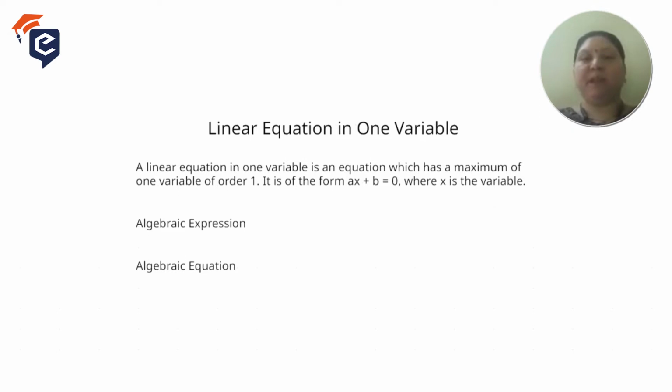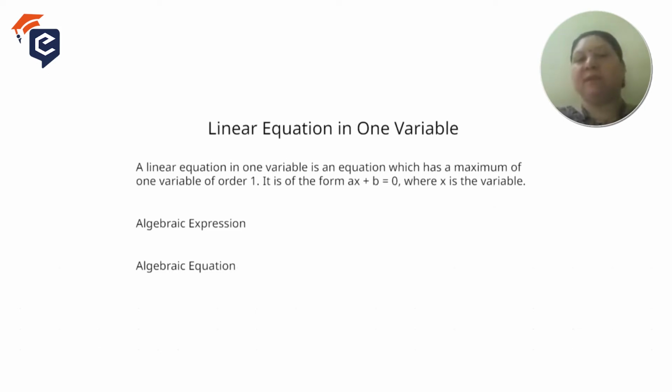These are algebraic expressions because they have variables in them. Here x is the variable, here also x is the variable. If I take 9y, again this is an algebraic expression because it has one variable in it. Similarly, one more example, xyz. This is again an algebraic expression.